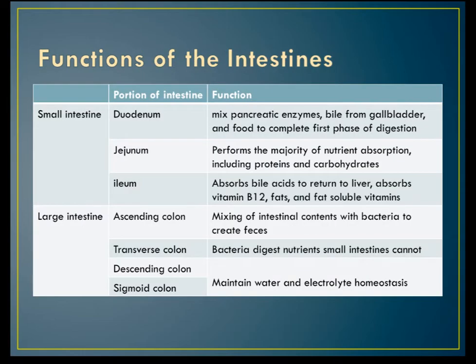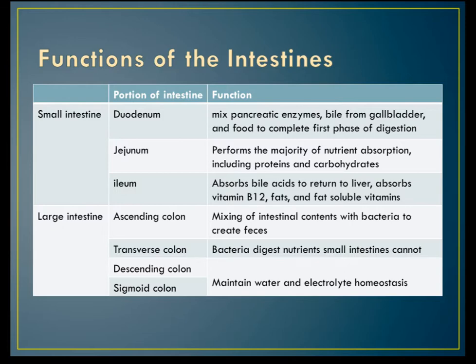So not only is it important to know where each portion of the intestine is, but what is the function of each intestine. The duodenum is where things kind of mix together to start the absorption process. We get our pancreatic enzymes to further digest the contents. We get bile from the gallbladder, and we also obviously have the food that's fresh from the stomach.